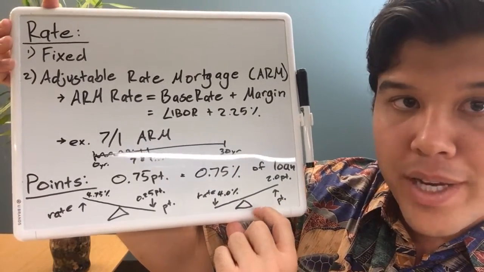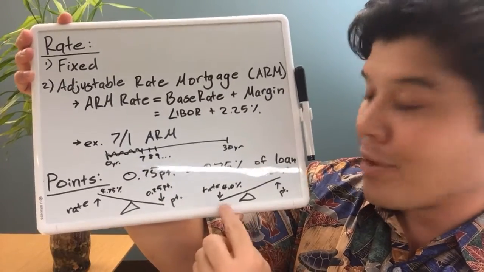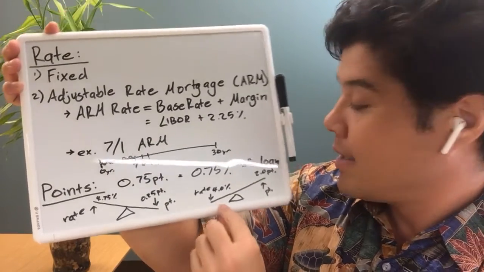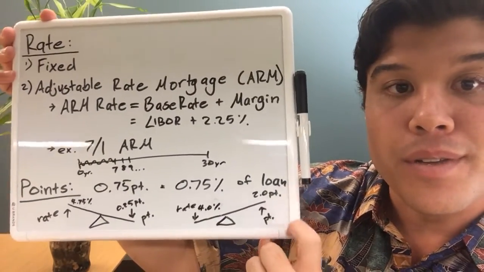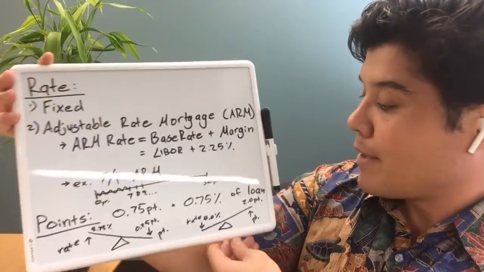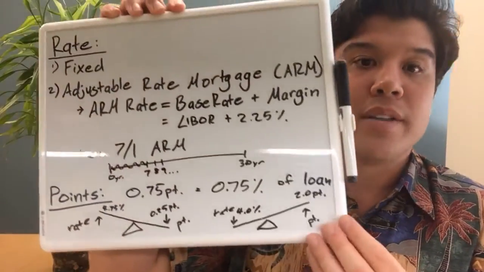We can do that, but we're going to increase the points paid in order to buy that more attractive rate. In this case, I just put, all right, well, let's pay 2 points to get this 4% rate. And remember that the rate that you end up with is going to determine your monthly payment, your principal and interest payment.